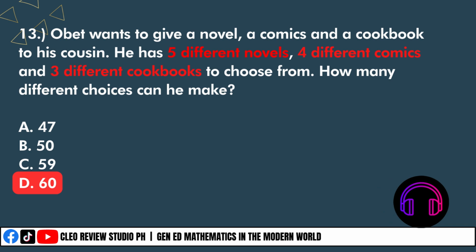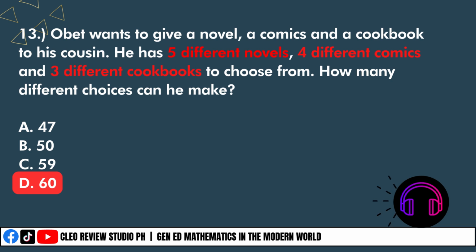We can determine how many different choices Obet can make by using the rule of product. Obet has 3 tasks. Pipili siya ng isang novel, isang comic book, and a cookbook. He has 5 ways to accomplish that task because he has 5 novels to choose from, 4 ways because he has 4 comics to choose from, and 3 ways because he has 3 cookbooks to choose from.